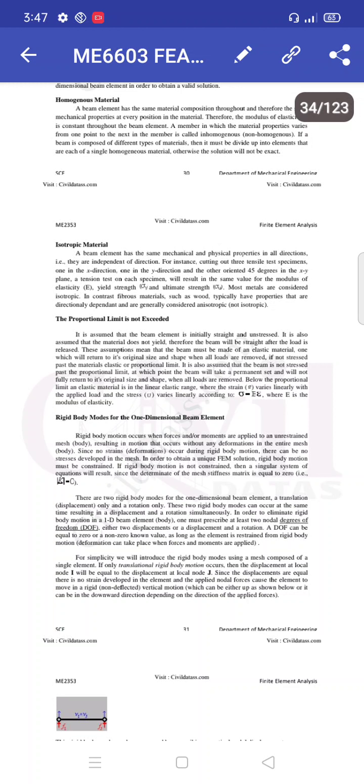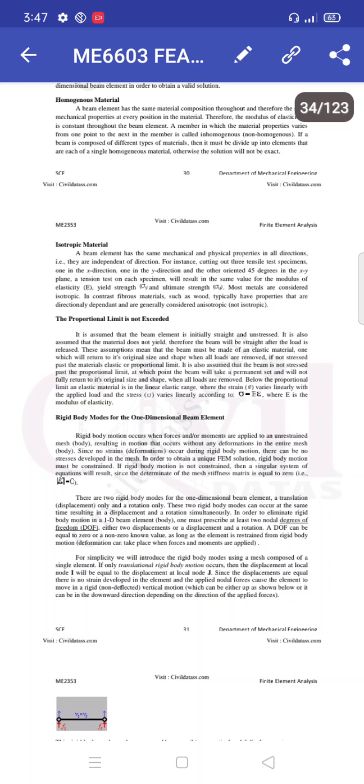Below the proportional limit, an elastic material is in the linear elastic range where strain varies linearly with applied load and the stress varies linearly according to sigma equals E times strain, where E is the modulus of elasticity.